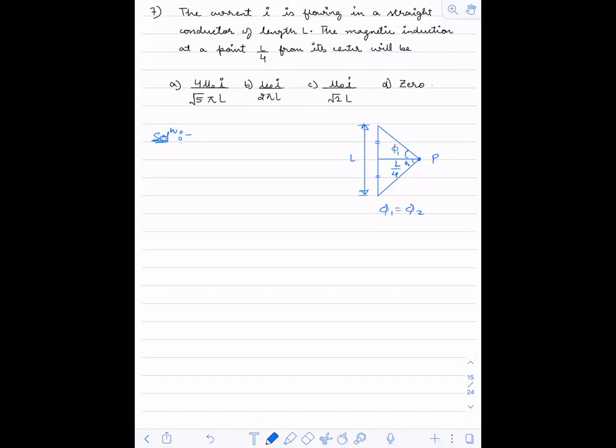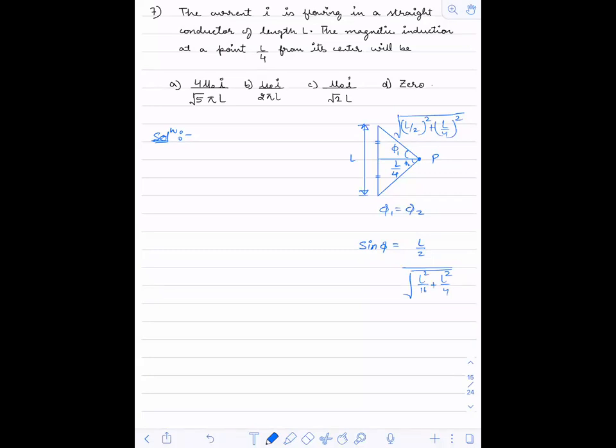So sine of phi will be L by 2 divided by the square root of L by 2 whole square plus L by 4 whole square. So L by 2 divided by root over L square by 16 plus L square by 4.